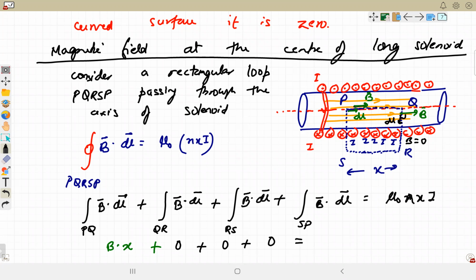So B into x on the left side, and on the right side it was mu naught small n into x times I. x is gone, cancel. It will become B equals mu naught n I. Yes, was this clear? Any doubt? x is gone, Rahul.